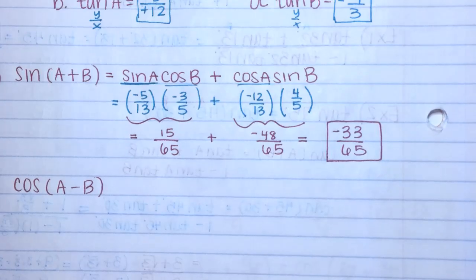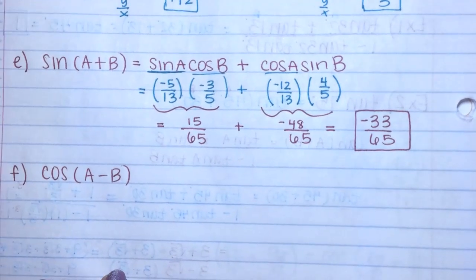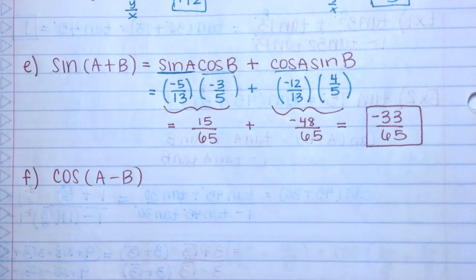I want you to do the next one on your own. Go. You do F. What's that? No, so we learned this yesterday, but this is going to be cosine A, cosine B. So any cosine is cos. Cosine A, cosine B, and then it's opposite sign. So plus sine A, sine B. Okay.